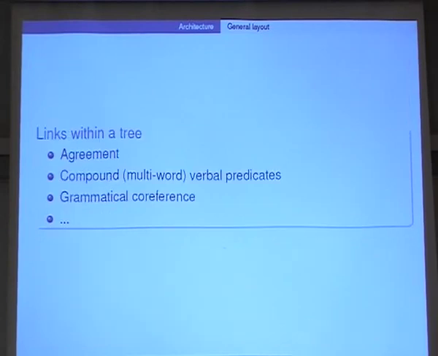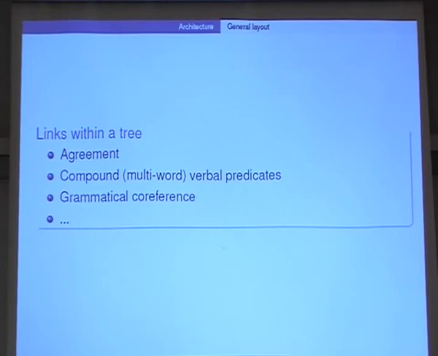As for the tree by which we represent the input sentences, we would like to express, as I said, various kinds of agreement. There are also multi-word or compound verbal predicates and grammatical coreference and other phenomena.